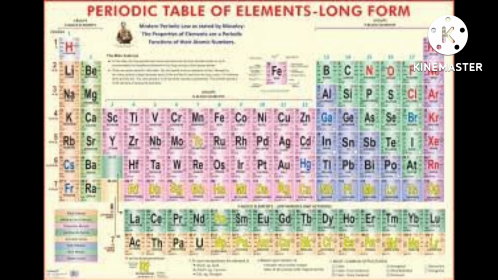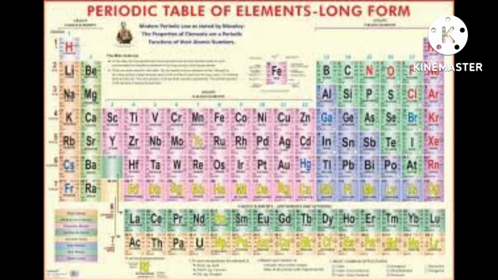What we were calling zero group is now called group 18. This is the recommendation of IUPAC in 1984 regarding the periodic table. Now again I want to tell you things.